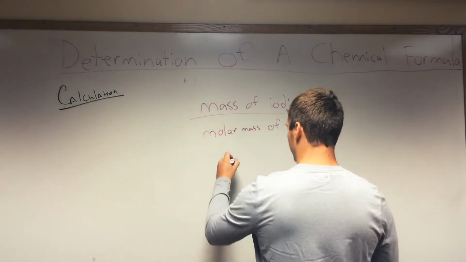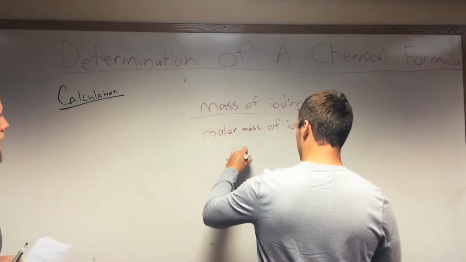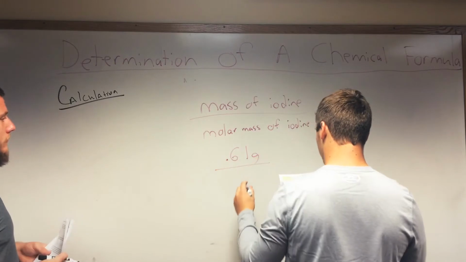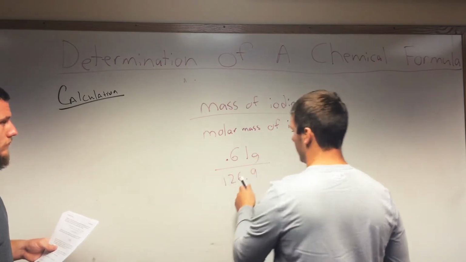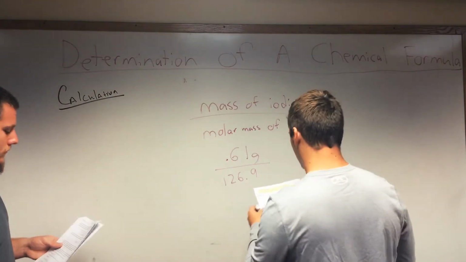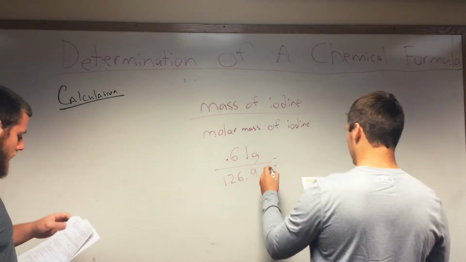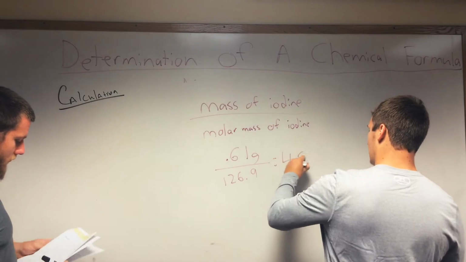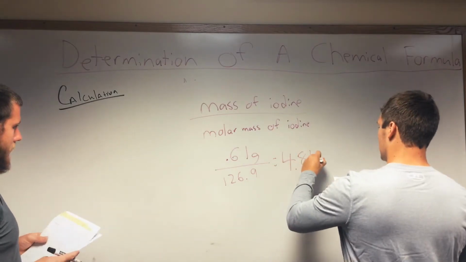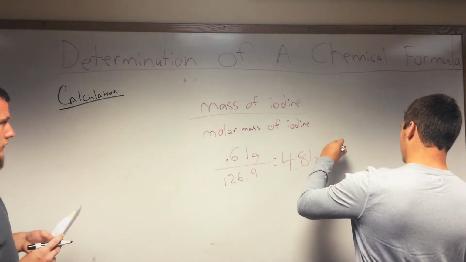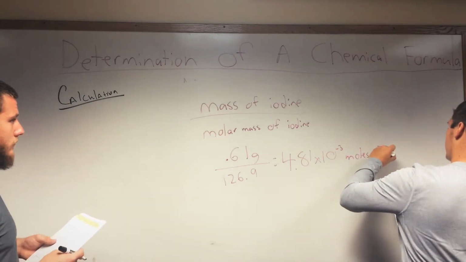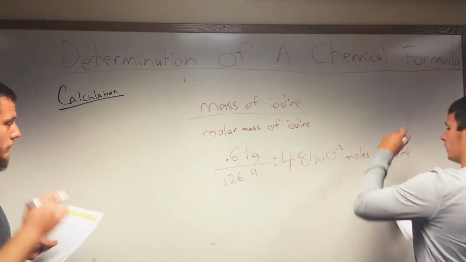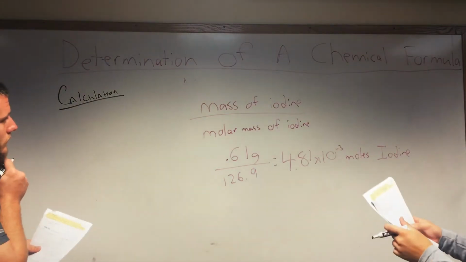So then we take the 0.61 grams over 126.9. We get that from the periodic table. And then we end up getting 4.81 times 10 to the negative 3 moles of iodine. So that's how many moles of iodine we had.